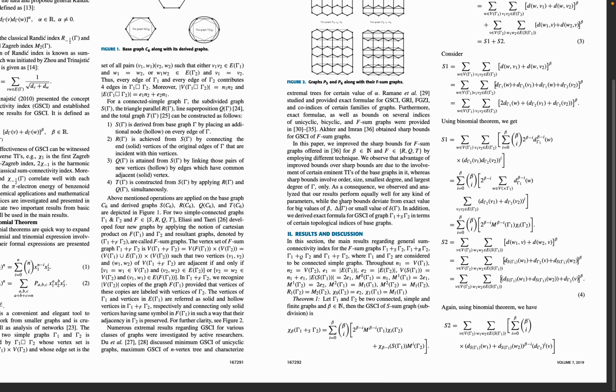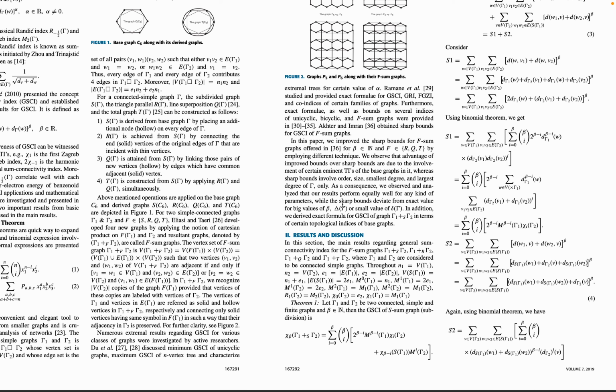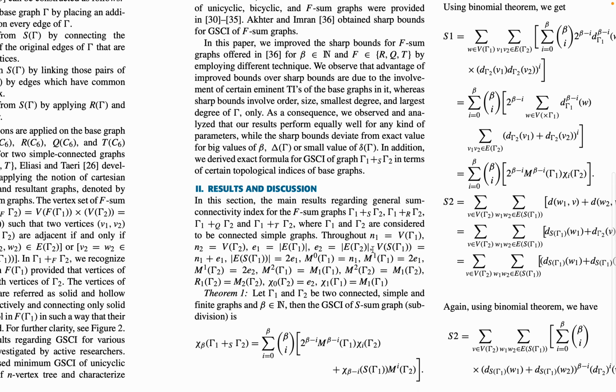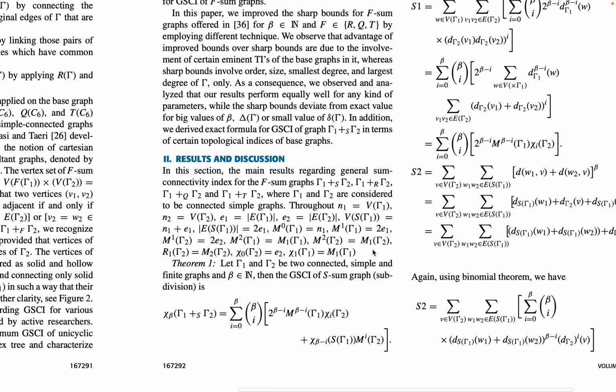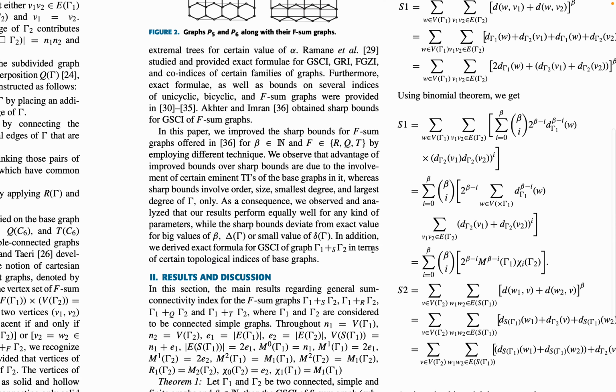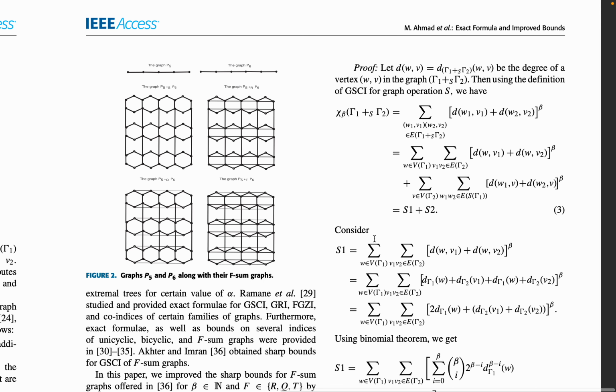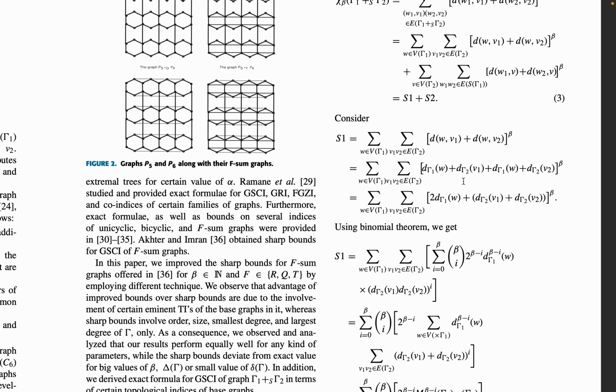And the results and discussion. In this section, the main results regarding the general sum connectivity index of F-sum graphs T1 plus S, T2 plus S, and here is the derivation of this formula. And we are using the binomial theorem.